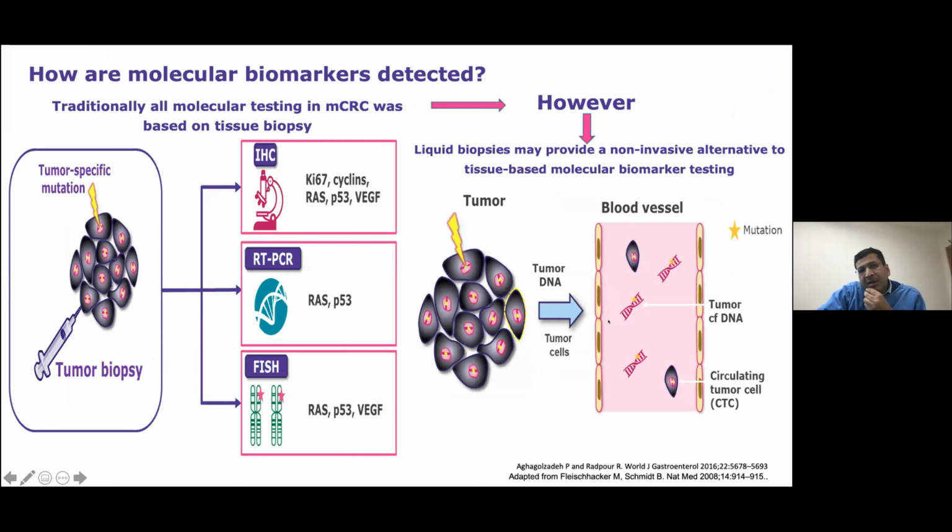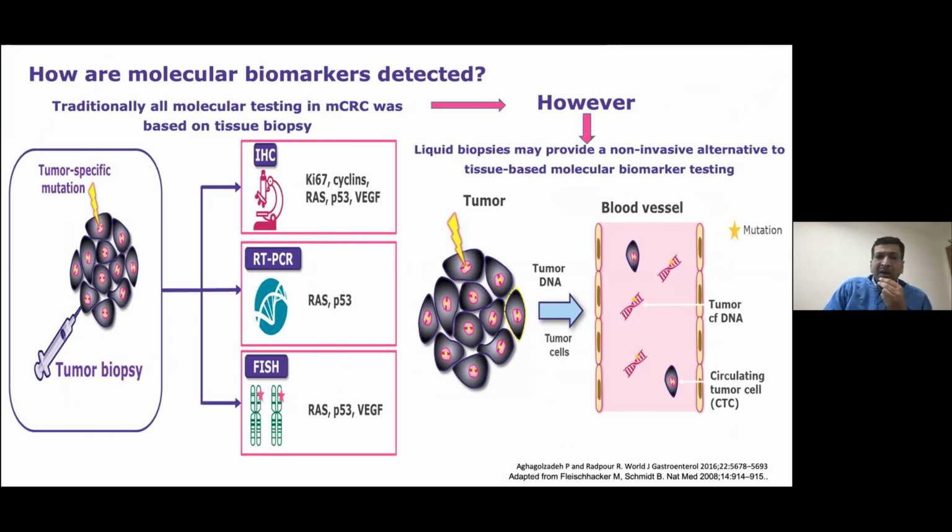Another important question is, how are biomarkers detected? Traditionally, we detect by IHC on tumor markers, or by RT-PCR, or by doing FISH testing. But on liquid biopsy, by doing circulating tumor DNA or cell-free DNA, it has opened a vast number of mutations which we can pick up now.